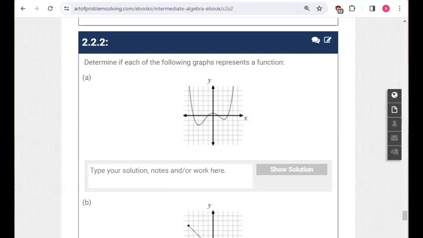You use the VLT. What does that stand for? Vertical line test. Yes? Are you familiar with that or no?